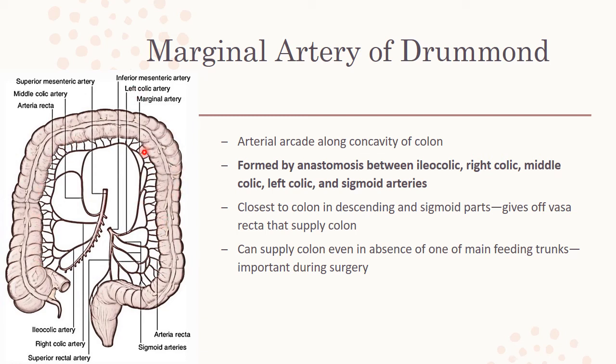So even if one of the feeding trunks is missing, let's say that the sigmoidal arteries have to be ligated during any surgery, the rest of the branches which are coming from the left colic artery are still going to supply the region of the sigmoid colon. This is the importance of the marginal artery of Drummond, that it can still supply the colon even in the absence of one of the main feeding trunks.